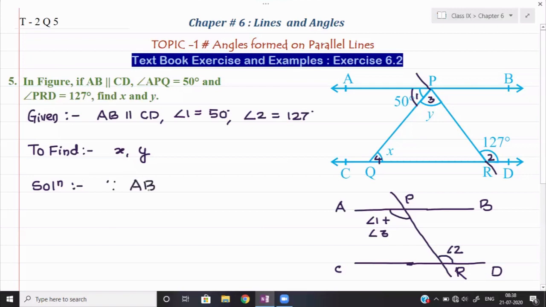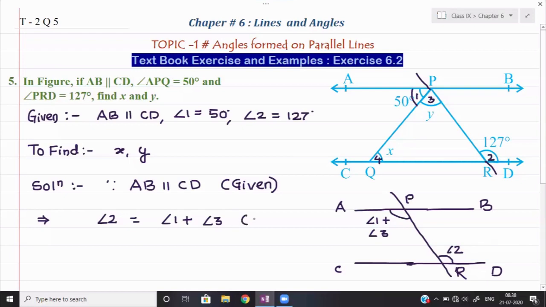AB is parallel to CD. How can we say that? That is given. In geometry, whichever step you are writing, you need to provide the reason. So that's why we are writing the reason as and when required. AB and CD are parallel, so we know that the pair of alternate angles, meaning angle 2 and the sum of angle 1 plus angle 3, will be equal.